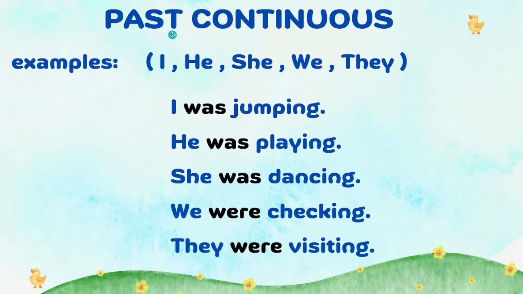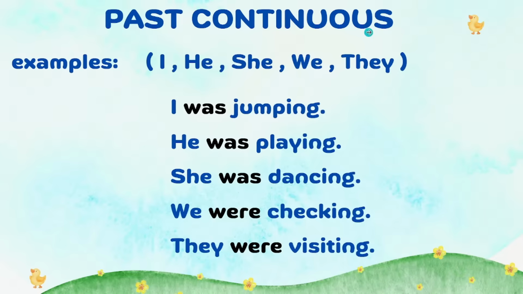He was doing the action yesterday, maybe, or an hour ago, or a few minutes ago, or last year, last summer. Always use was for I, he, and she. So, it's going to be I was jumping.